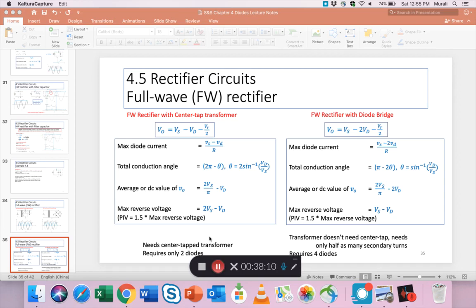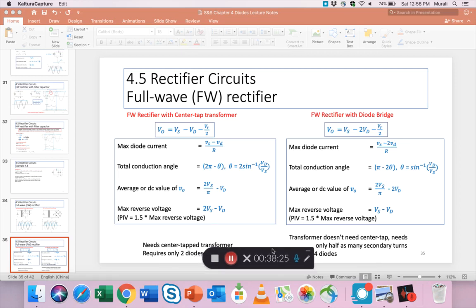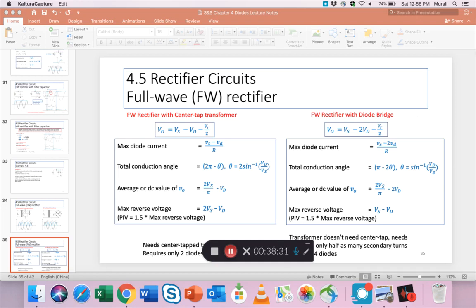Which is cheaper depends on so many things, but generally speaking the bridge configuration with 4 diodes is the most commonly used, but there's no hard and fast rule. It depends on which makes most sense.